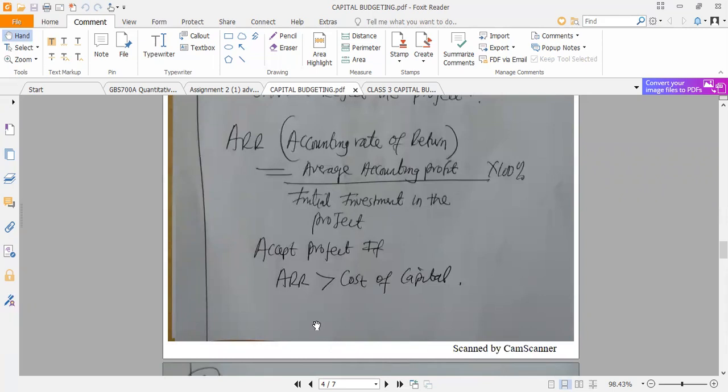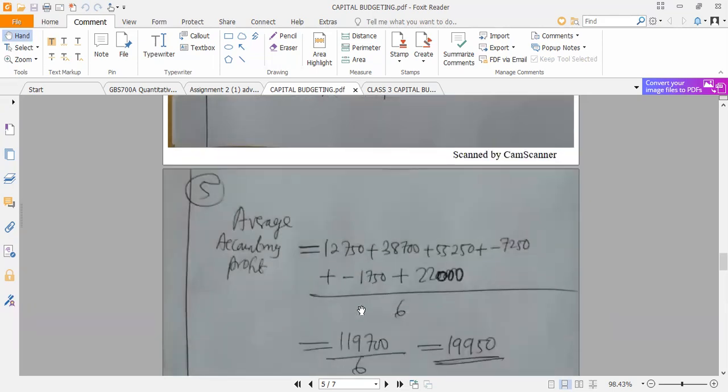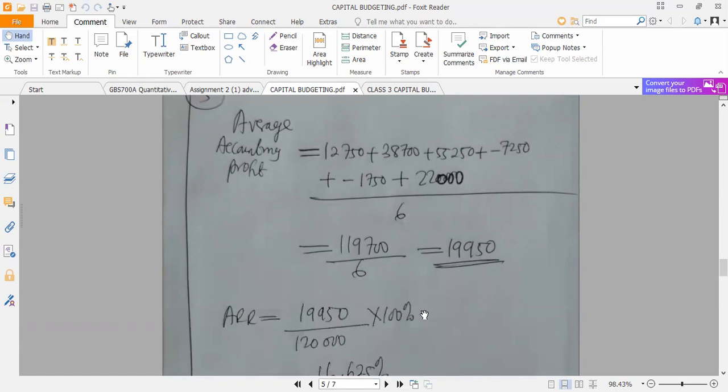So for the average accounting profit, we add 12,750 plus 38,700 plus 55,250 minus 7,250 minus 1,750, then plus 22,000. Whatever amount we get, divide by 6. So we got 119,700 divided by 6, which is 19,950.